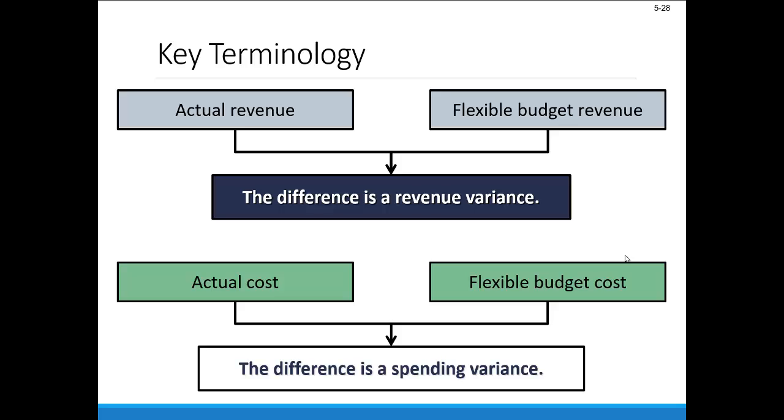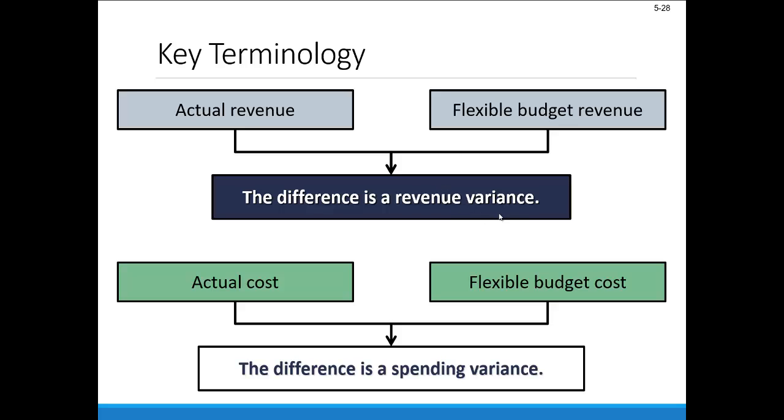So the way we've used inputs, right, something revenue-wise and how we were able to bill customers, and so on. So a couple things to think about first here. If we compare our actual revenue, so the revenue we actually recorded or earned, versus our flex budget revenue, that reset expectation about what revenue should have been given our actual activity level, we call that difference a revenue variance.